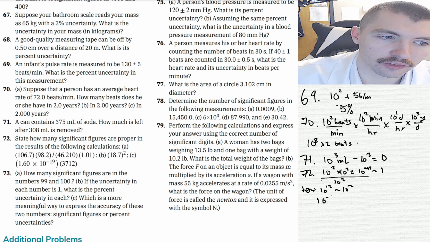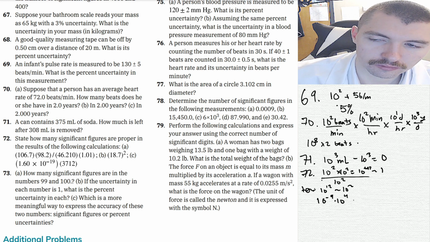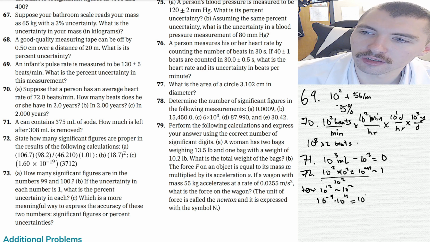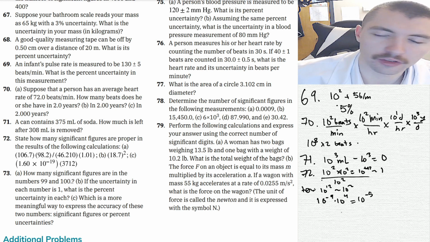10 to the negative 19 times 10 to the 3, 4. Alright, that's about 10 to the 5, with one significant figure. 73.